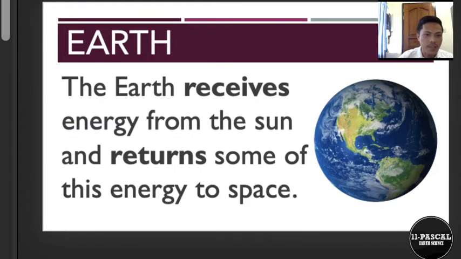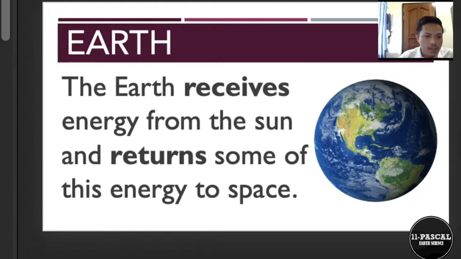The Earth receives energy from the sun and returns some of this energy to space. The sun gives energy to the Earth, and the Earth in return gives that energy back in so many forms, a transformation of energy. But the sun will not get any matter from the Earth. Right? The sun doesn't take anything from the Earth itself.